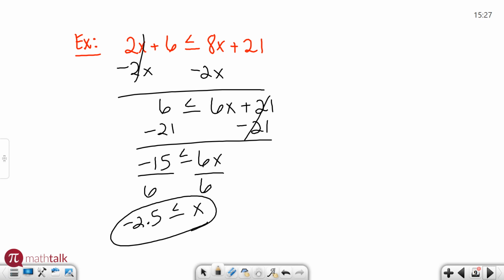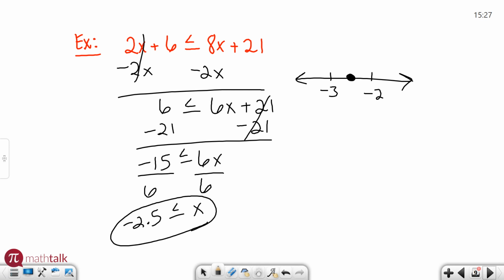So I need to graph this out. I'm going to draw my number line. In previous examples, I had a very simple number line with just one number. Because my answer is negative 2.5, it's in between two numbers, so I'm going to include negative 3 and negative 2. That way, when I draw negative 2.5, it's right in the middle.